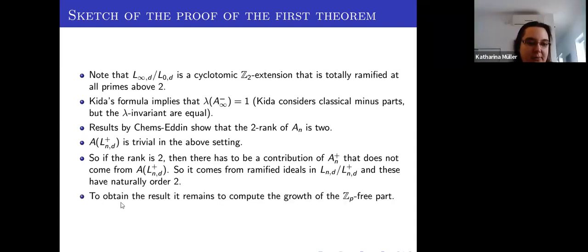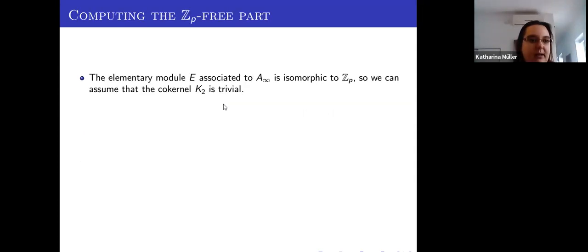So to obtain our final result, it remains to compute the growth of the Z_p part, right? Because we have already taken care of everything that can be plausibly finite, and we are left with the A_∞^- part. So to do that, we look at the elementary lambda module associated to A_∞.